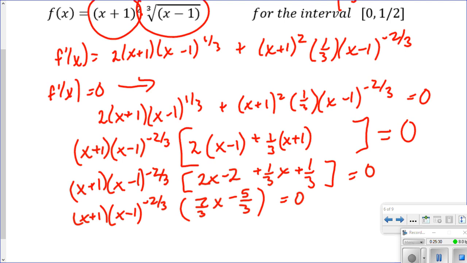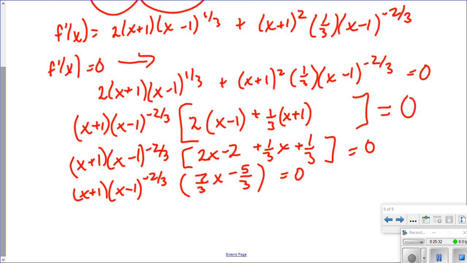Okay, so I have 3 pieces. What are my values here? I have x plus 1 equals 0, or x equals negative 1. I have x minus 1 to the negative 2/3 equals 0.